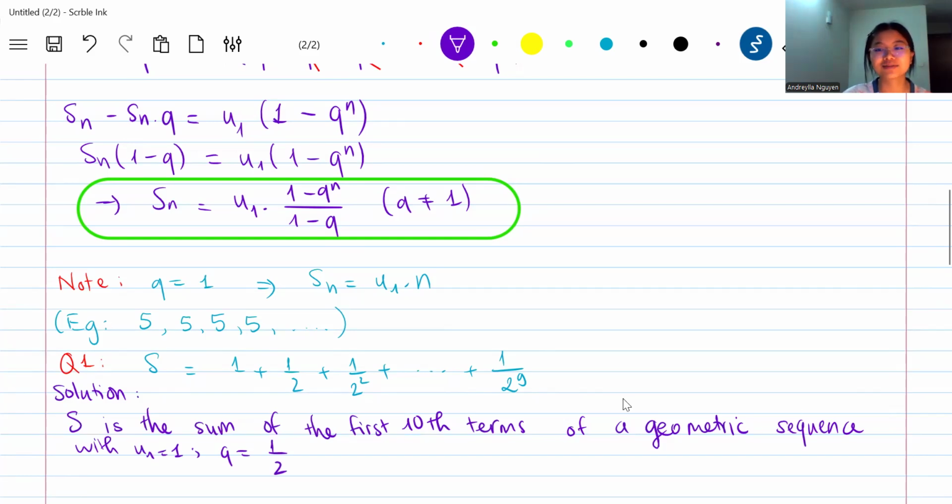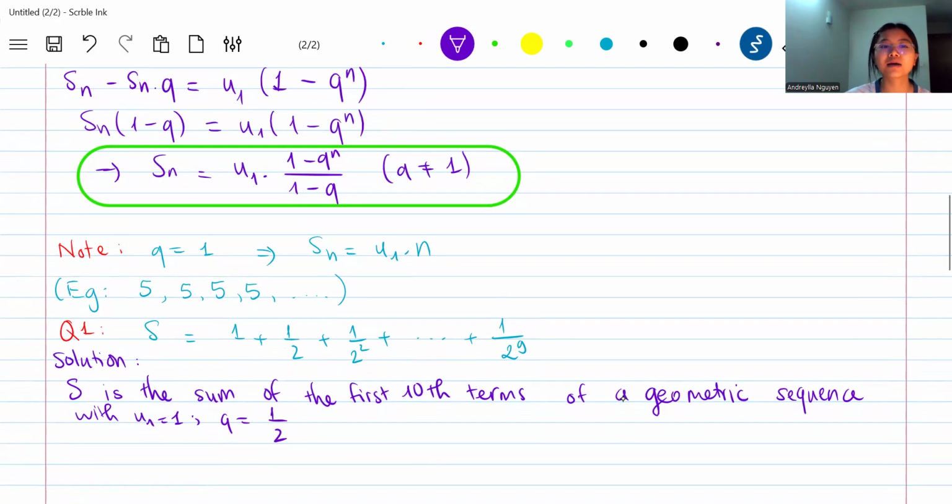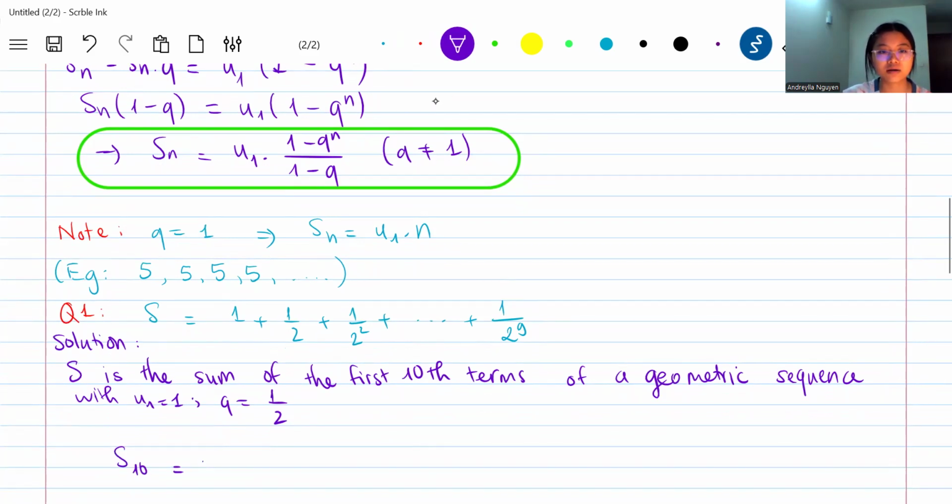Now that I notice that, I can apply my formula for the sum of the first 10 terms. S10 equals u1, which here is 1, times (1 minus (1/2) to the power of 10) over (1 minus 1/2).